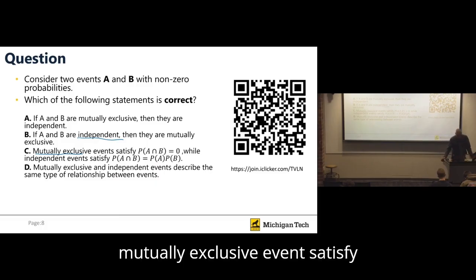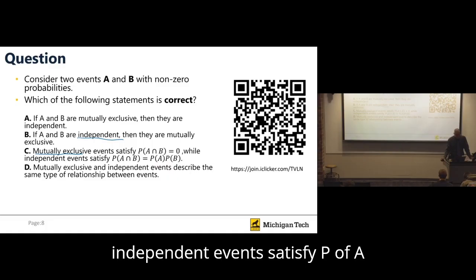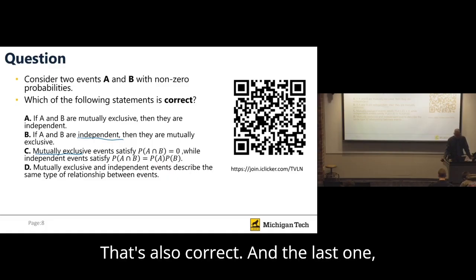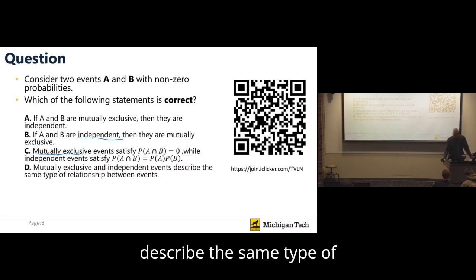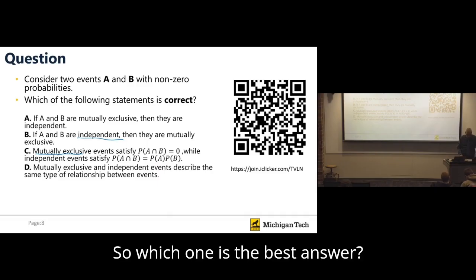Mutually exclusive events satisfy P of A and B is 0. That's correct. While independent events satisfy P of A and B is P of A multiply P of B. That's also correct. And the last one, mutually exclusive and independent events describe the same type of relationship. That is not correct. So which one is the best answer?